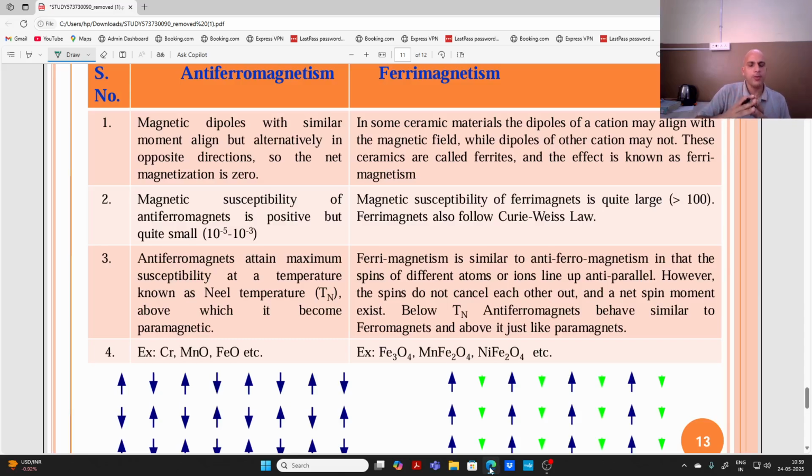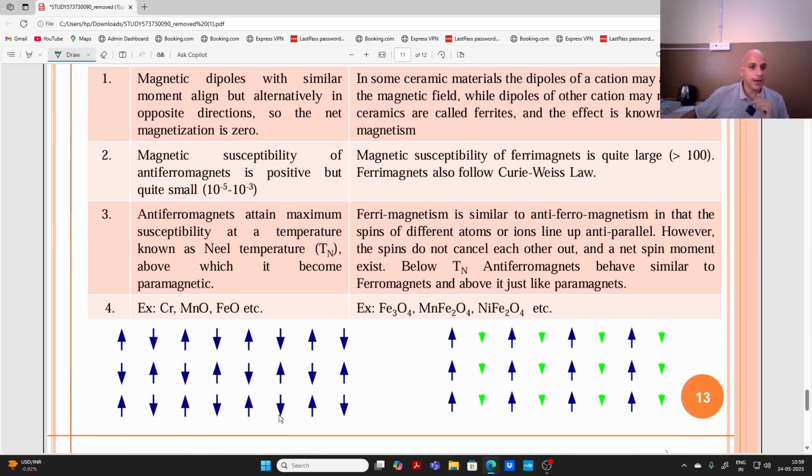Anti-ferromagnetic materials are a special type of materials in which the individual magnetic dipole moments are aligned with each other, but they are aligned in opposite directions. You can see here, this one, this one, this one, this one, and this type of behavior is observed at low temperature, right?